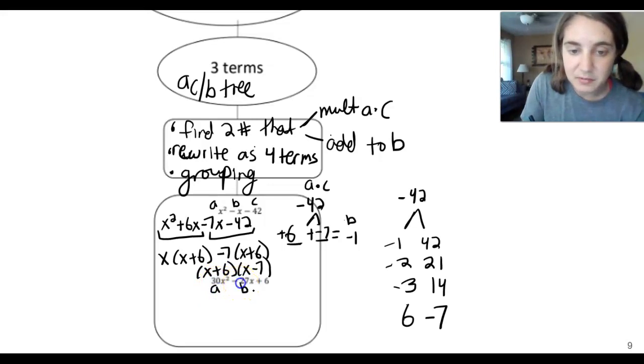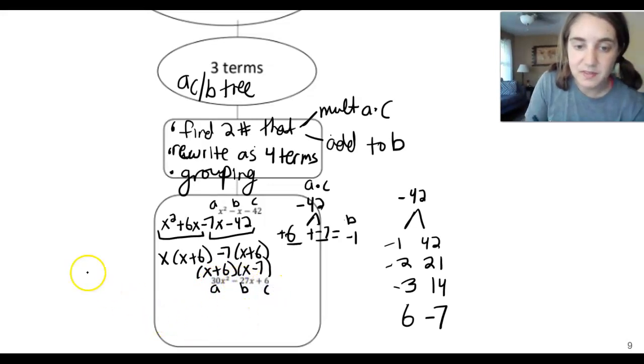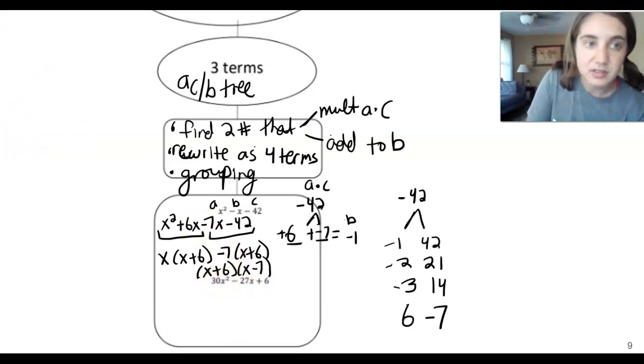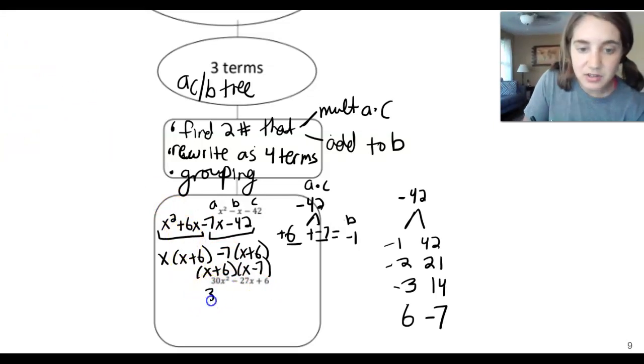Here's A, B, C. Actually, I can pull out a 3 first. I just saw that. So that's 10x squared minus 9x plus 2.